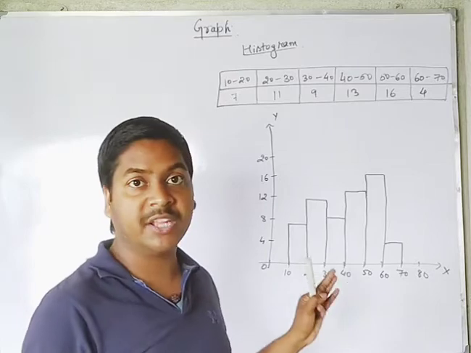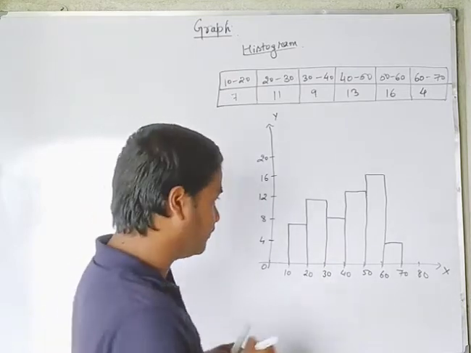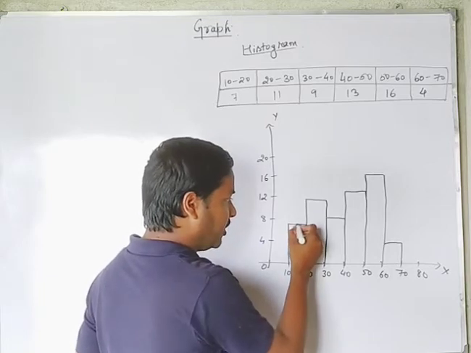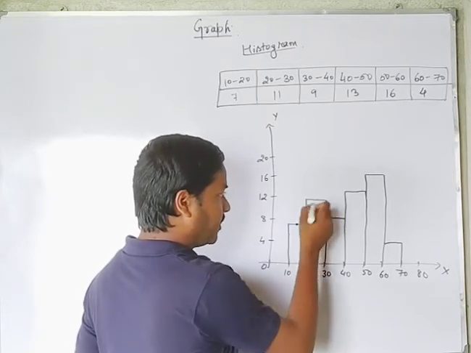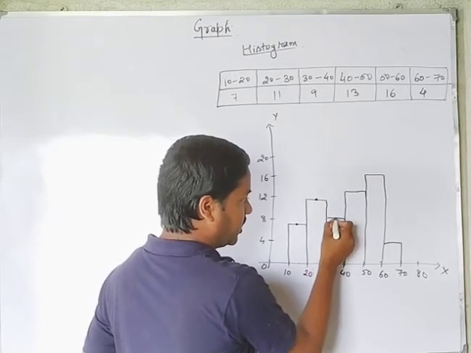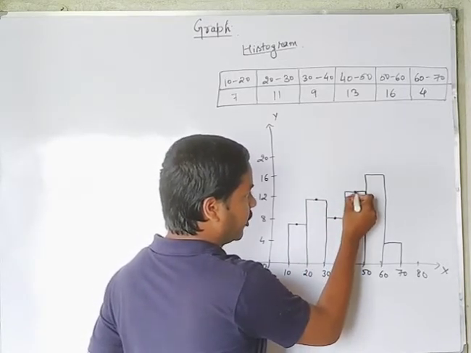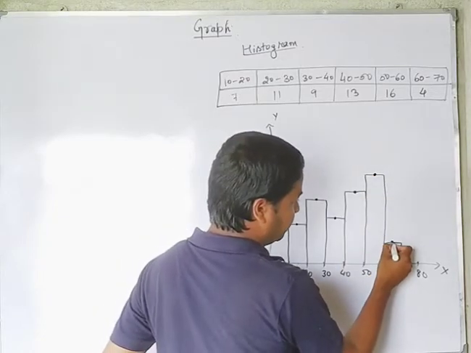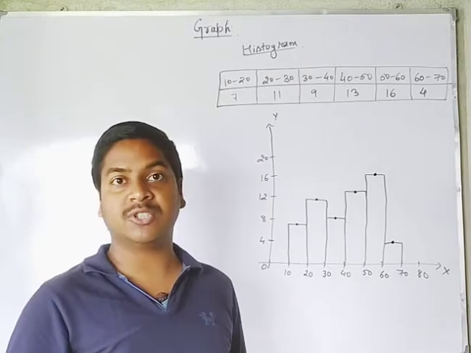Now I will tell what a frequency polygon is. A frequency polygon is joining the midpoints of all these histogram bars. For 10 to 20, the midpoint will be 15, but we need to take it at the top here. For 20 to 30, it will be 25 here. Then 35, 45, 55, and at last 65. We also have to start and end it.